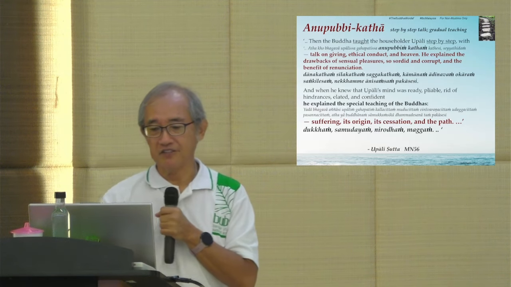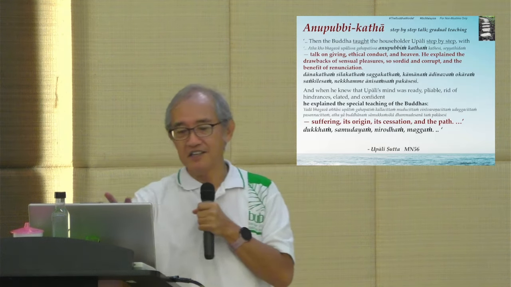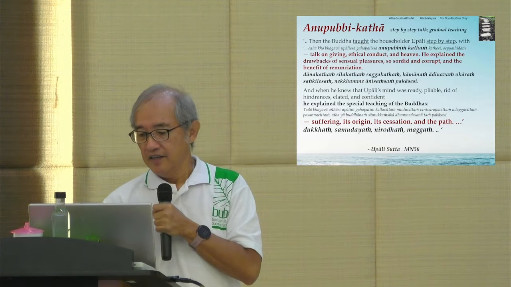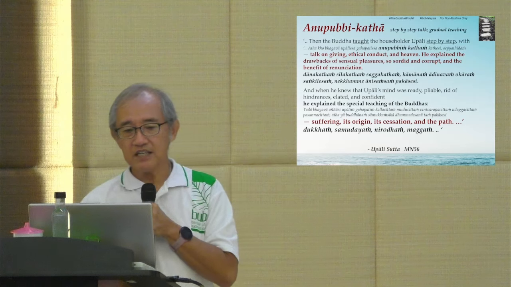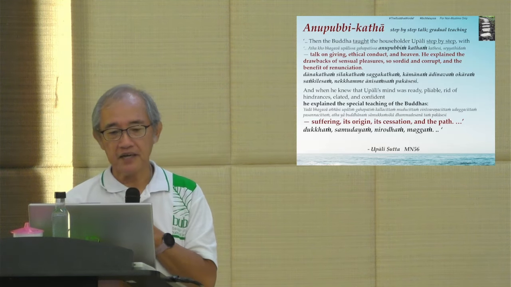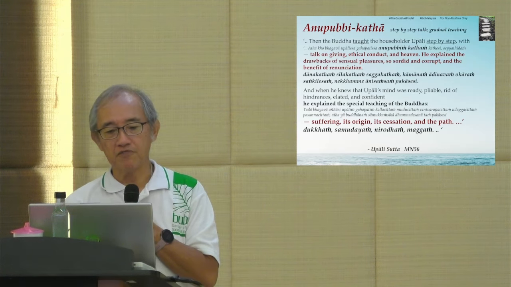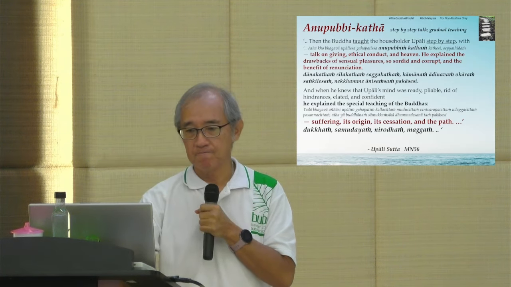Dukkha, Samudaya, Nirodha, Magga. You see, the Four Noble Truths. So again here, the Buddha used that. And interestingly, just as a clean cloth rid of stains would properly absorb dye, in that very seat, the stainless, immaculate vision of the Dhamma arose in Upali.